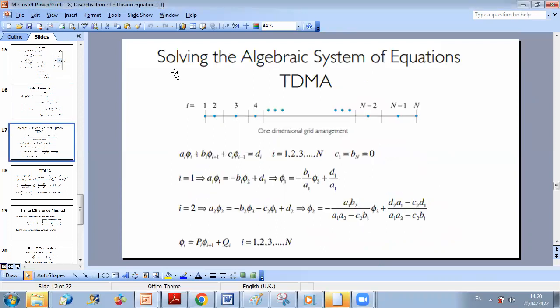Now, how to solve the algebraic system of equations in TDMA? This is the tri-diagonal matrix algorithm. You have several ways to solve a system of equations.